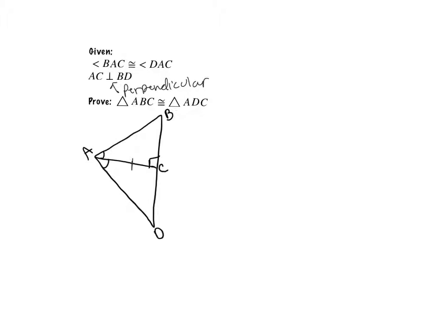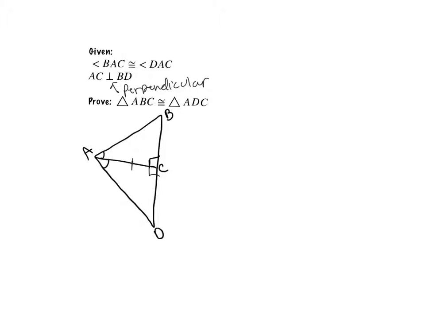So I know that's congruent. Here's another thing you can look for when things are perpendicular. Since this is perpendicular to that line, I know this angle is 90. What about this angle? 90, right? So I want to draw that in too.